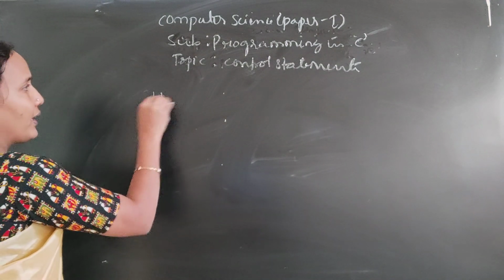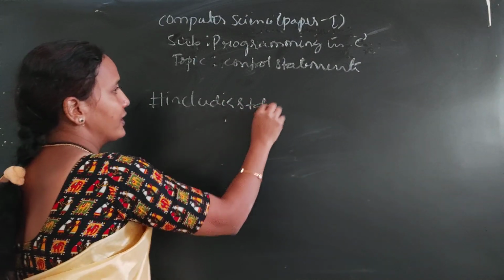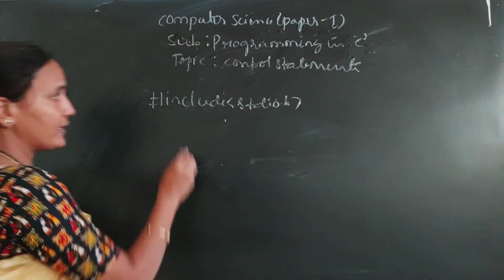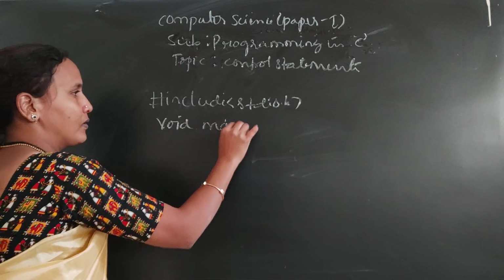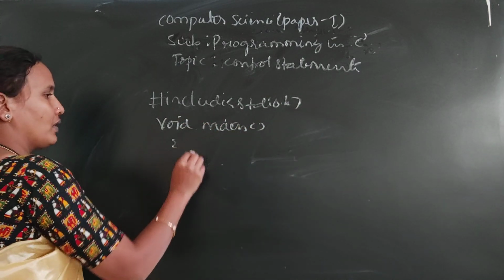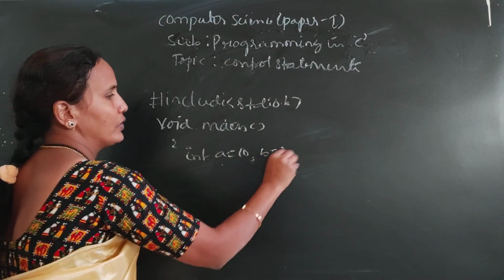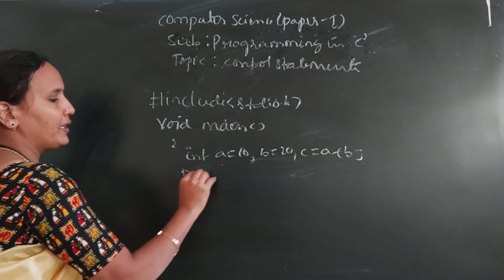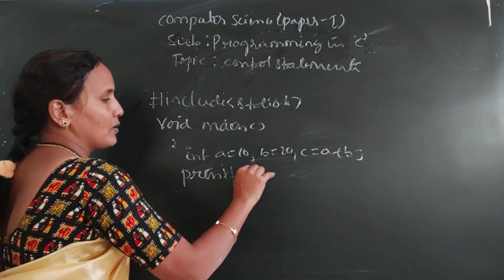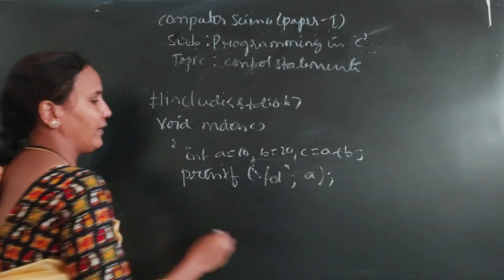See, here I am writing a simple program in C. #include <stdio.h>, next void main, int a = 10, b = 20, c = a + b. Then printf %d, a, I am printing the value of a.